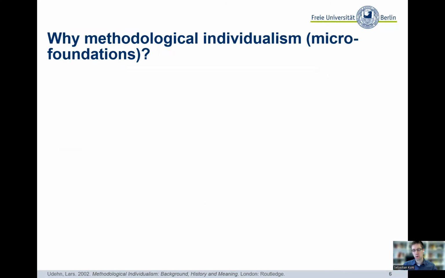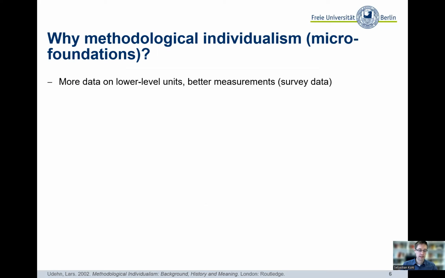So you may ask, why is it actually necessary to have micro foundations at all? Why can't I just use macro level associations as Durkheim did? So some of the arguments in favor that rational choice gives is that lower level units, first of all, have better data available, but there's also a more fine-grained measurement possible.